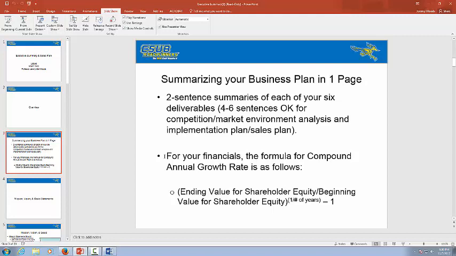So you've got 5 years in your financial projection spreadsheet. So you'll take the year 5 shareholder equity number divided by the year 1 shareholder equity number, raise that to 1/5, 1 over the number of years, which is 5, and then subtract all of that from the number 1. And that'll give you your compound annual growth rate for the venture. Okay?